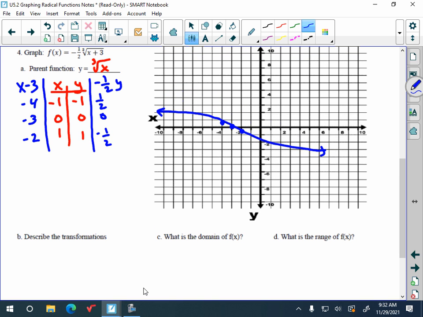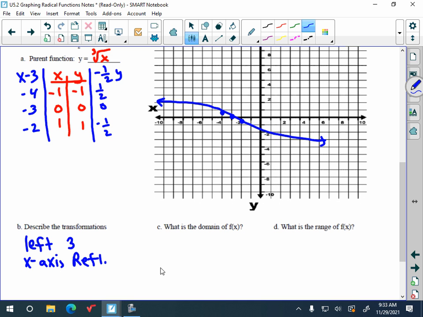Describing the transformations, it looks like we went left 3, x-axis reflection, and vertical shrink by a half. And the domain and range are the same answer every single time for cube roots.